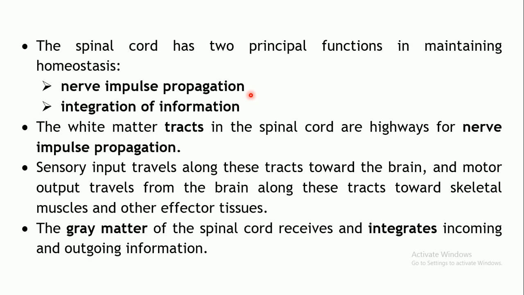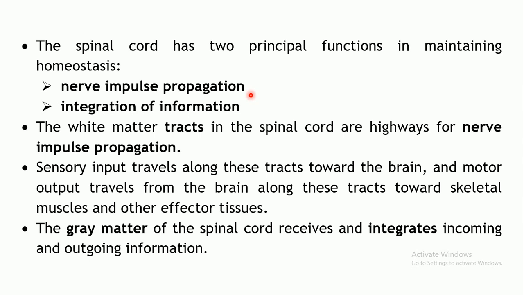So also the output which is given by the brain in the form of motor functions. Okay, so the motor impulses which are given by the brain after the integrative function has been carried out, after processing the information, some output must be produced.